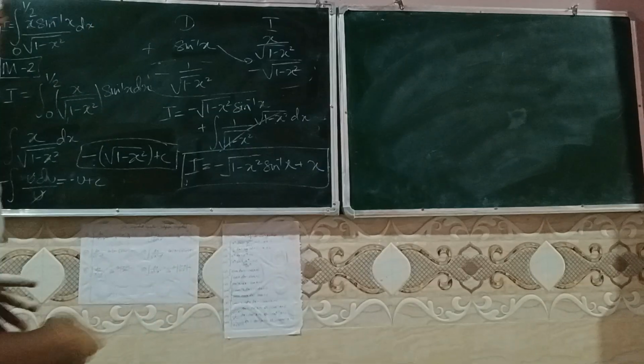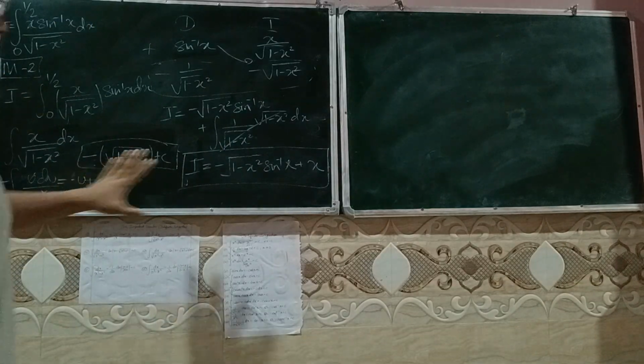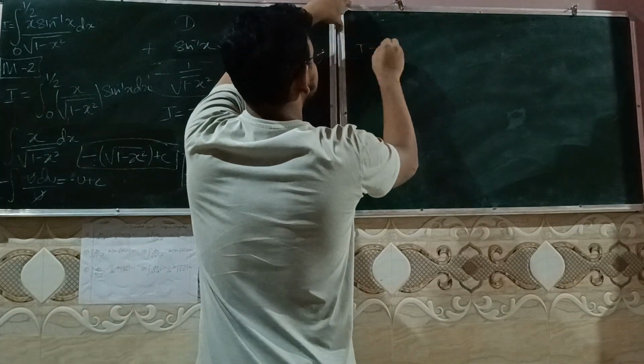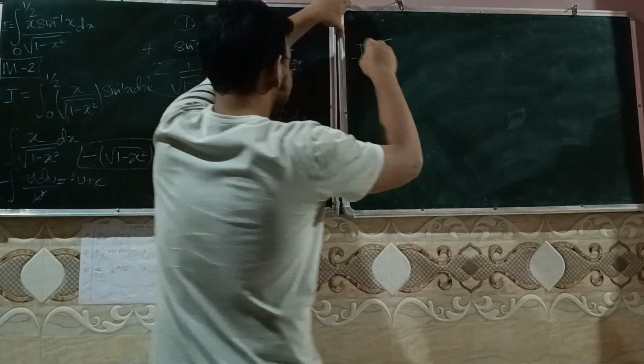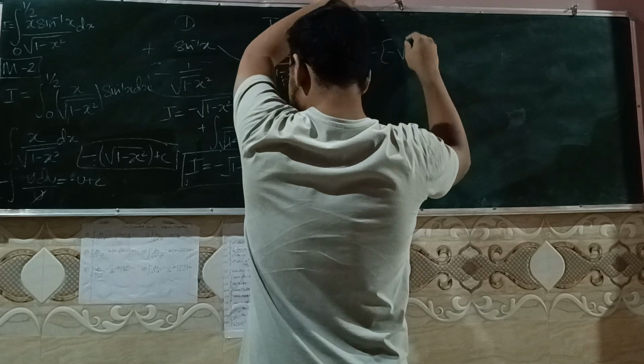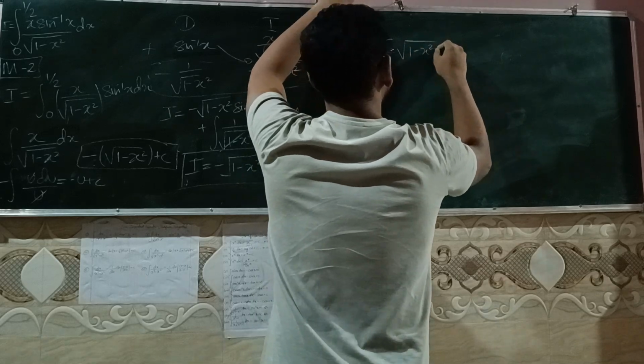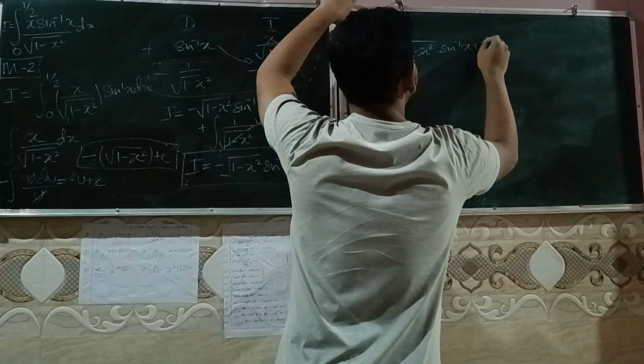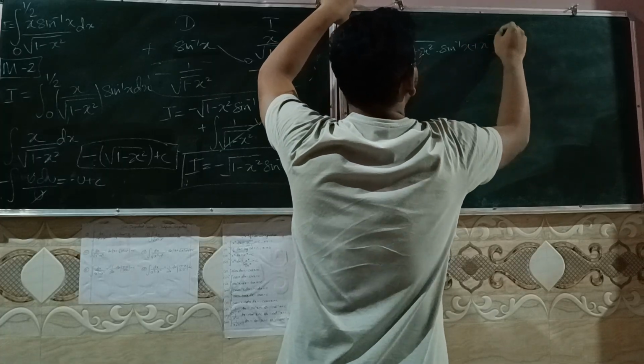So successfully with method 2 we have computed I, and what we are going to do next is just plug the limits into negative square root of 1 minus x squared times sine inverse of x plus x, from 0 to 1 over 2.